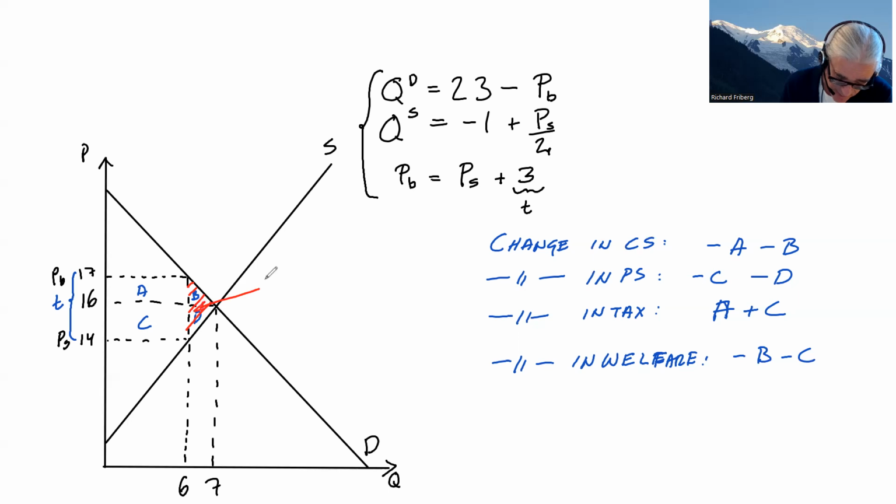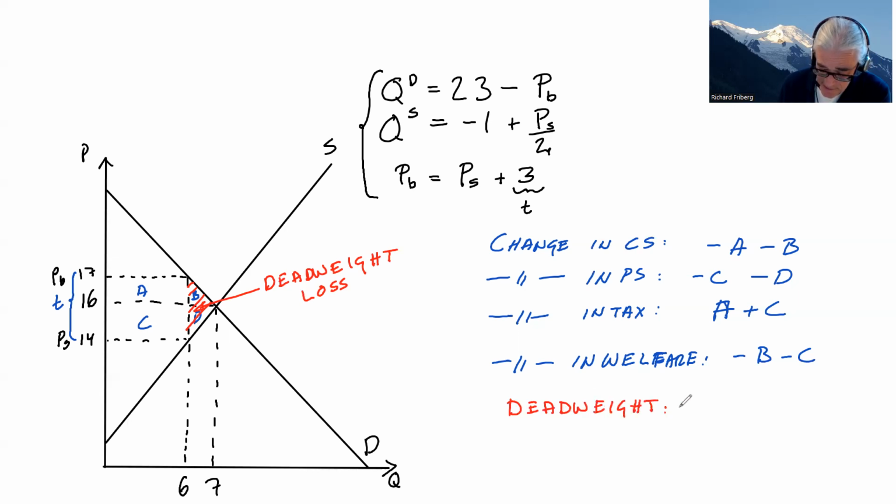We can also calculate the deadweight loss. An important point about deadweight loss is that it's not only a conceptual tool, it's also something that we can measure in euros. With linear demand and supply curves, the area is a triangle.